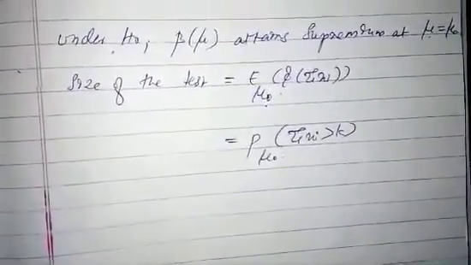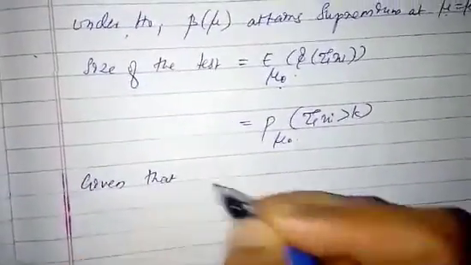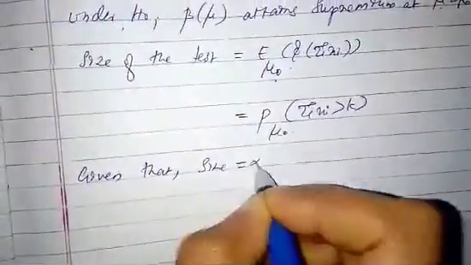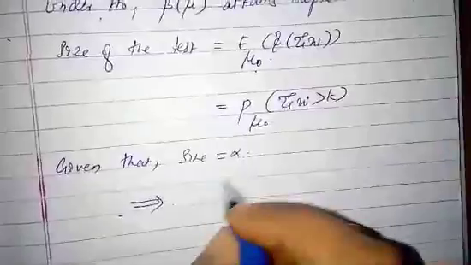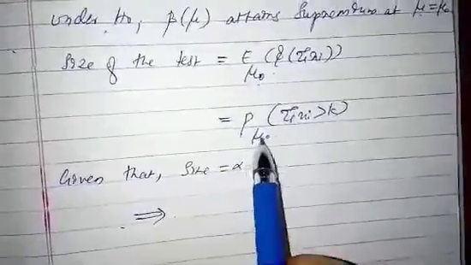In this question it is given that psi is equal to alpha, which implies that the size of the test is the probability of summation Xi greater than k under mu naught.